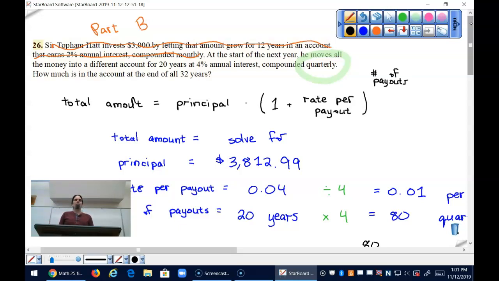Pretty much what I do is look at the problem and figure out right away if it's going to be yearly, monthly, or quarterly, so I don't make the mistake of just making it years right away. So when you see something about saving, the first thing to consider is simple or compound interest.